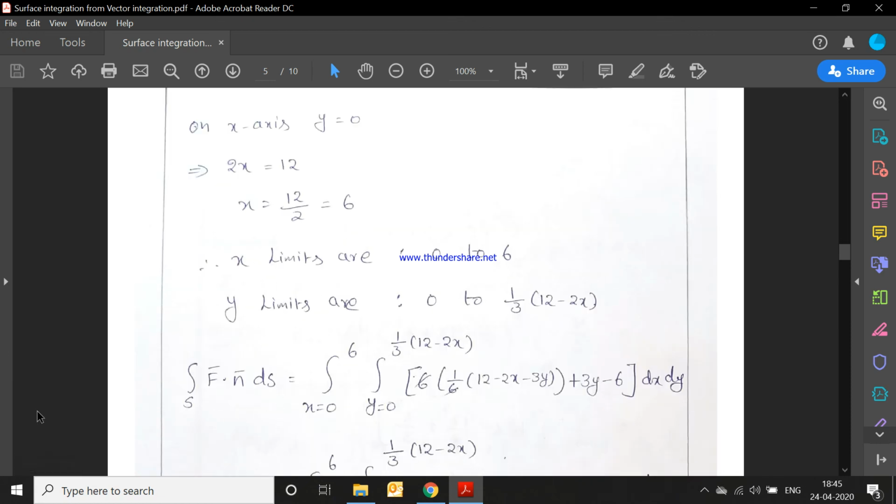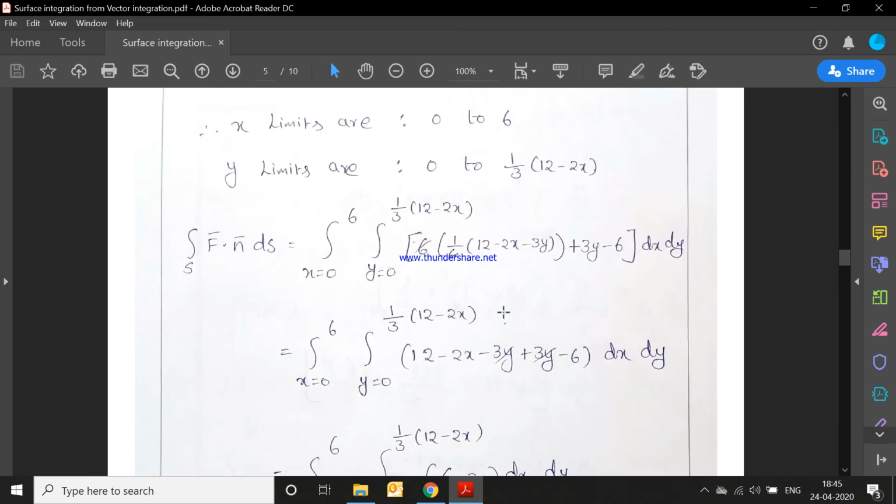So now going to the integration: integral over S of f bar dot n bar dS, x is 0 to 6, y is 0 to 1 by 3 into (12 minus 2x), and substitute the z value: 6 into z is 1 by 6 into (12 minus 2x minus 3y), plus 3y minus 6, dx dy.